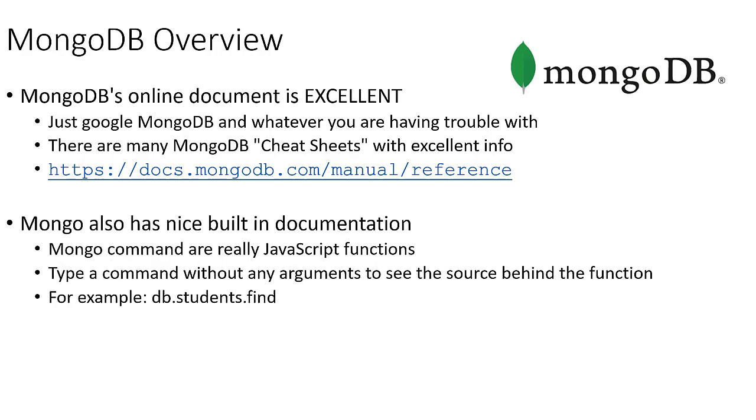Additionally, Mongo has some really nice built-in documentation. As it turns out, all of our MongoDB commands are really just JavaScript functions. And if you type one of these commands without passing any arguments into it, Mongo is going to show us the source behind the function. So for example, we could type db dot and then the name of any collection we're dealing with, and then a dot and then find, which is one of the commands we're about to talk about.